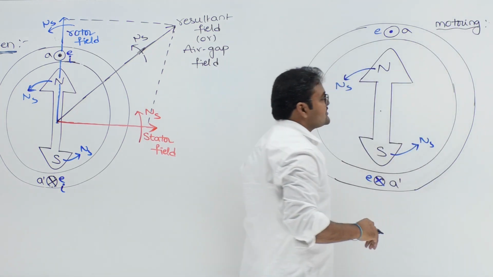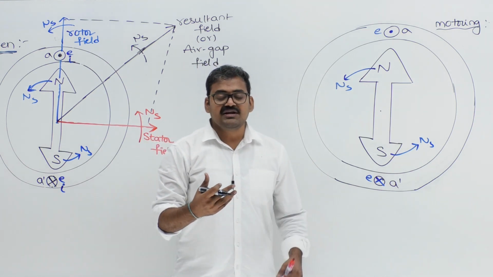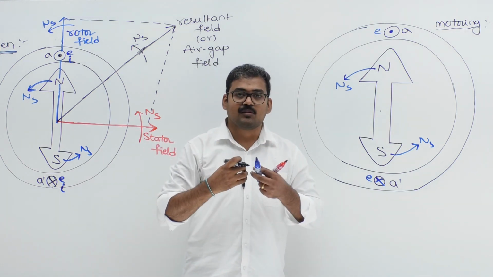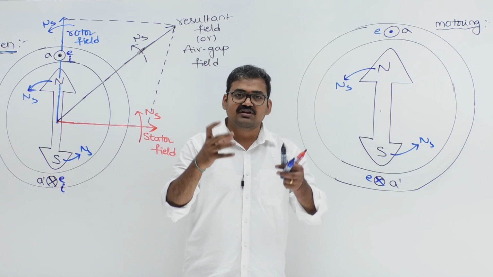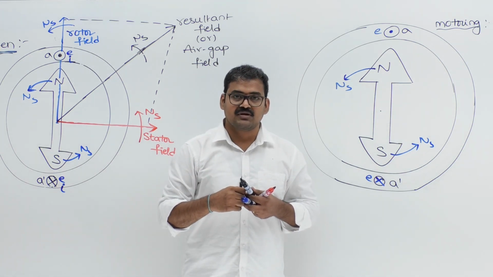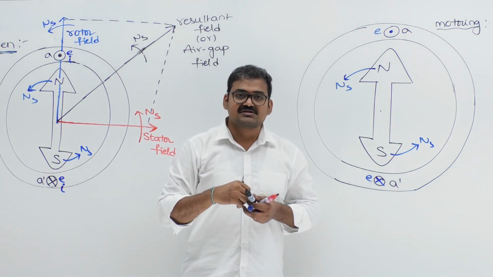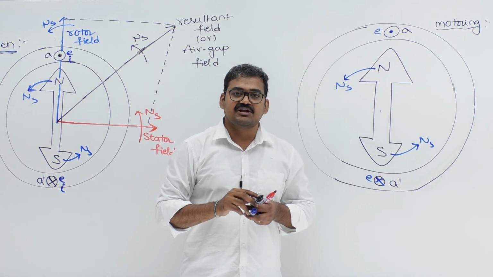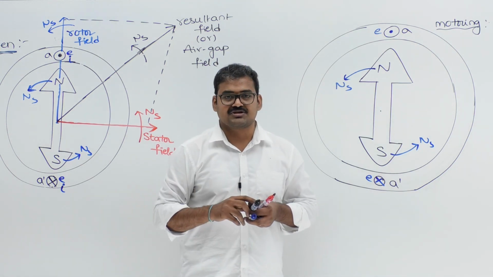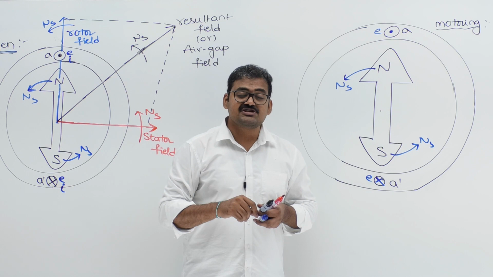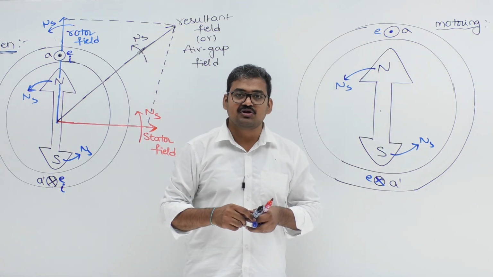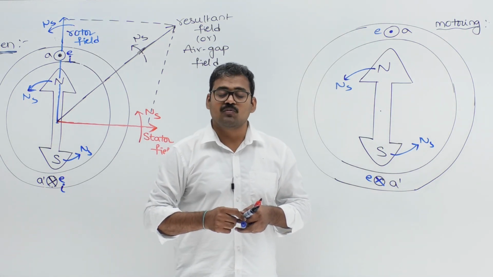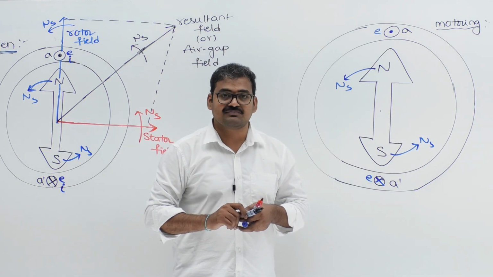Yes, we just discussed, motoring machine means it is a machine where power will be absorbed from the source. Power is absorbed means voltage and current will be in the same direction or opposite direction? Opposite direction. That's why motor voltage is called a back EMF. I hope you remember in DC machine we discussed, motor voltage is called back EMF.